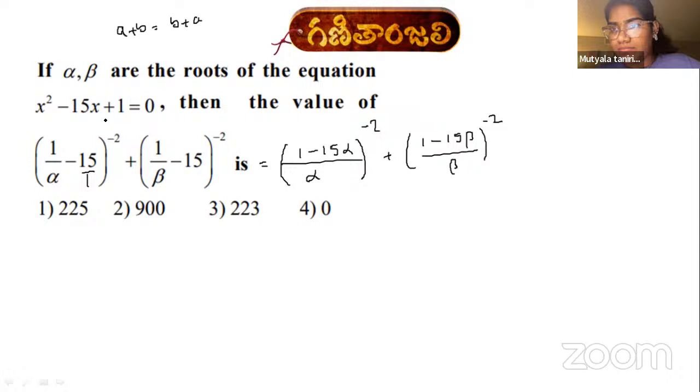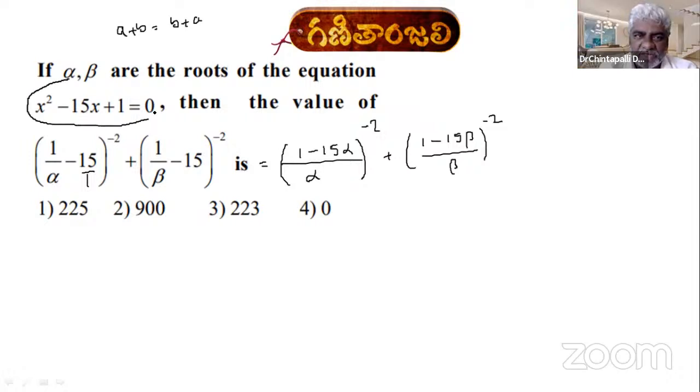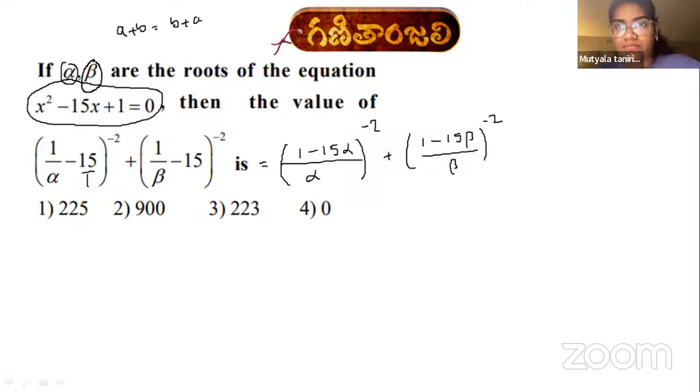Since alpha is a root of this equation, we can substitute alpha in this equation. Beta is also a root. What happens when we put x equal to alpha in the first equation? Alpha square minus 15 alpha plus 1 equals 0.